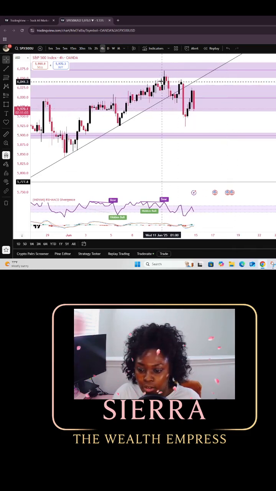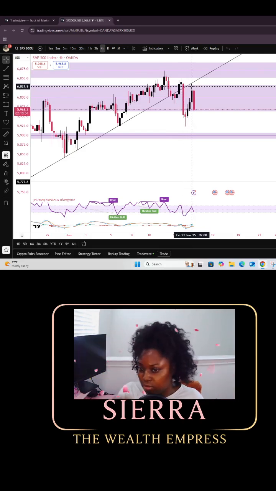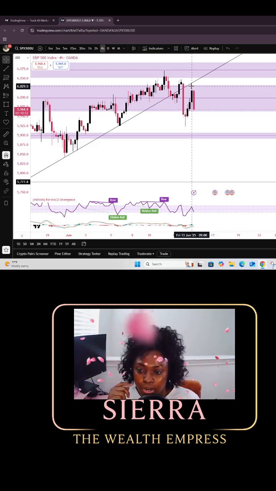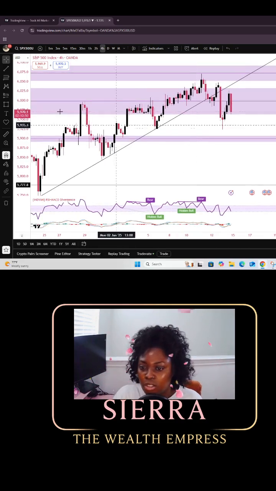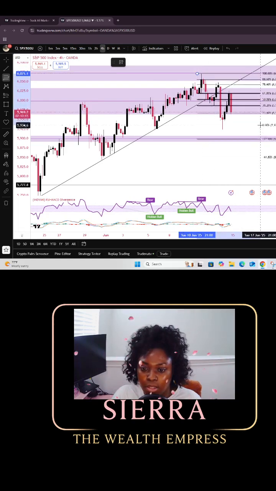Over here, we got our high. We got our higher low. And we got another higher low. All right. So this is current price. I had this fib on the 15-minute, but I want to see about this 4-hour fib.